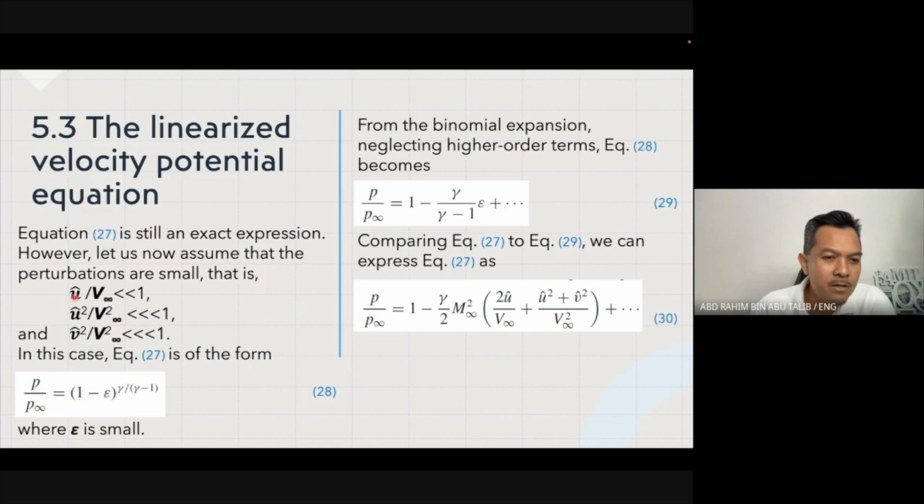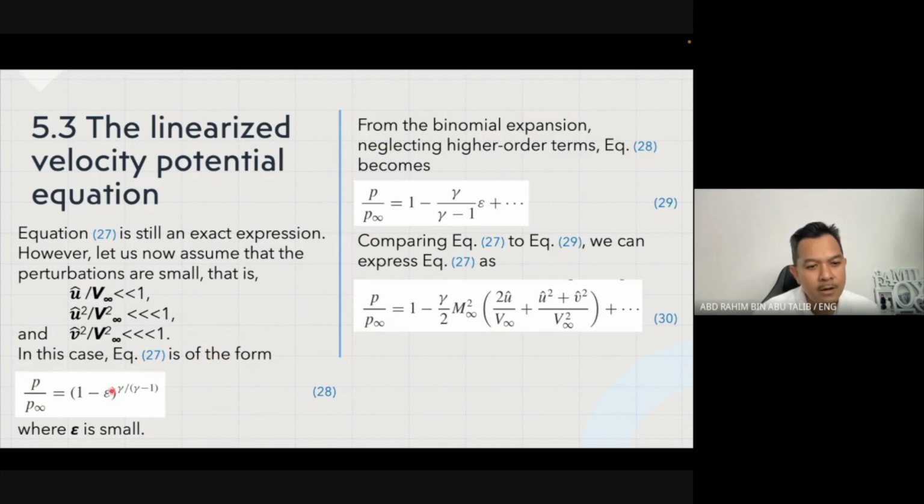So the perturbation velocity u divided by the free stream velocity is less than 1, where u squared over free stream velocity squared is very much smaller than 1, and at the same time v squared over free stream velocity squared is also very small compared to 1. So in this case, equation 27 is of this form.